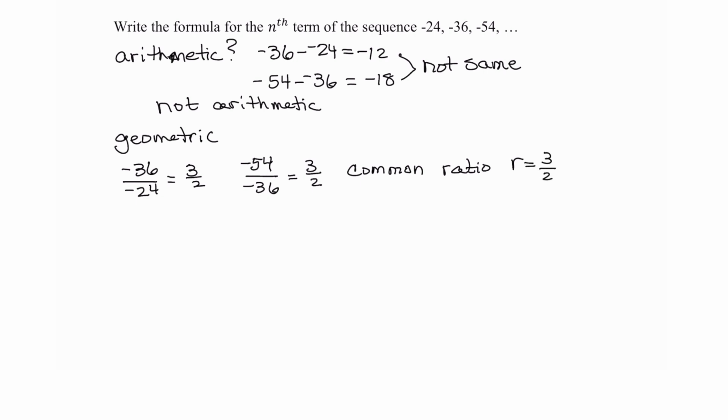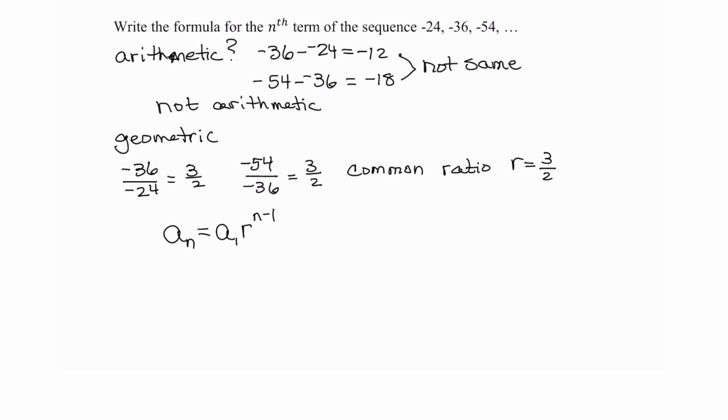So I always like to go through and check to see what kind of sequence it is if I don't have a verbal cue in the question, by first checking to see if it's arithmetic and then checking to see if it's geometric and that sort of thing. Now remember, for the geometric nth term, the nth term a sub n is equal to a sub 1 times r to the n minus 1, where a sub 1 is your first term and r is your common ratio.